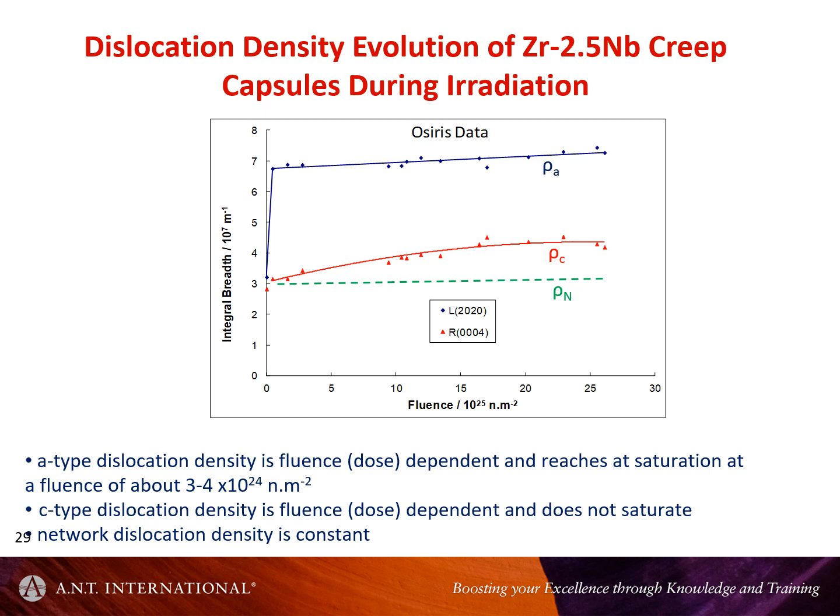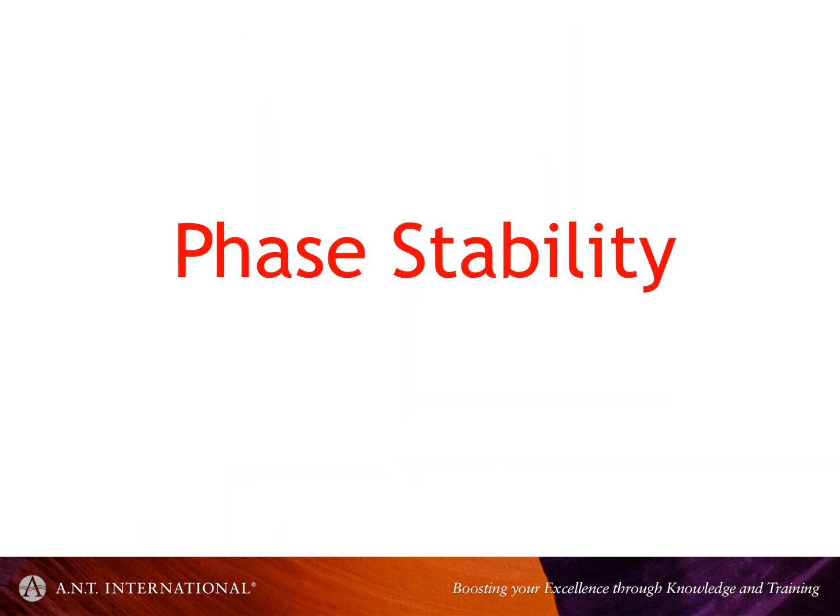And the C component structure evolves over a much longer period, like this. And the green line here is what the original structure would have been, so the unirradiated material. Okay, move on. Again, this is all about zirconium and different things that occur during, in this particular case, radiation. The next thing I want to talk about is phase stability.